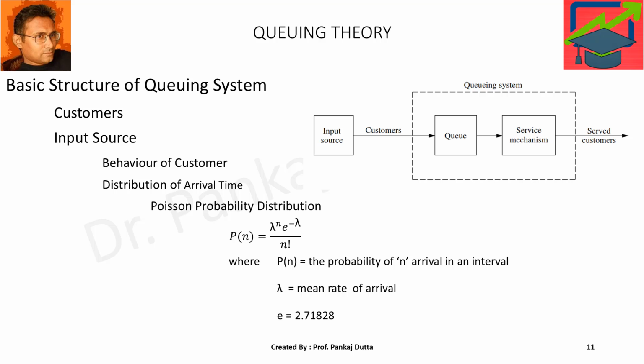So when you say customer arrival follows Poisson distribution, it is equivalent to saying that the inter-arrival time follows negative exponential distribution. Some of you must be wondering about the form of negative exponential distribution. We are yet to learn about the form. We'll talk about this when we discuss the service time.